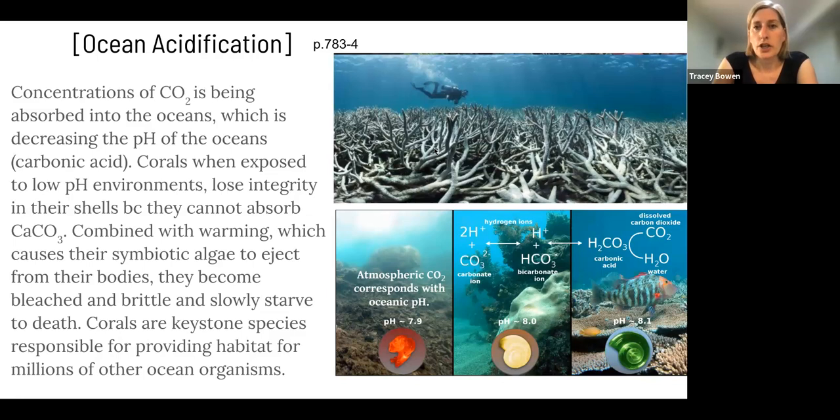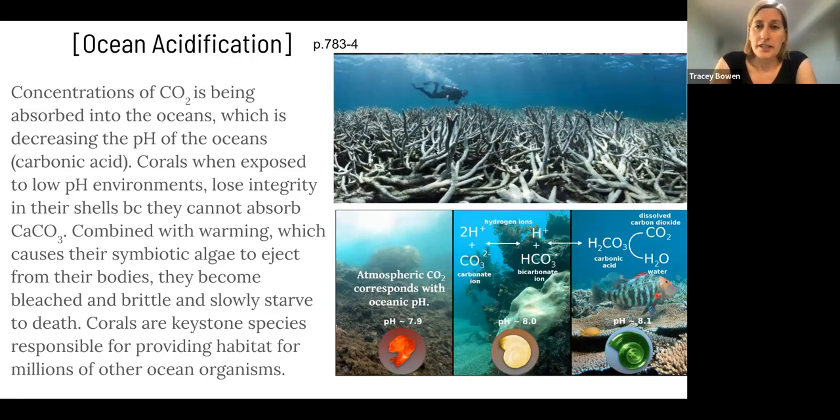These algae actually cause the coral to have their color. But if these algae get too hot, they emergency eject out of the coral and won't come back until things cool down. If the corals don't have the algae, they can't get enough food. So not only are their skeletons weakened by the fact that carbonic acid is forming in their oceans, but now they're slowly starving to death.